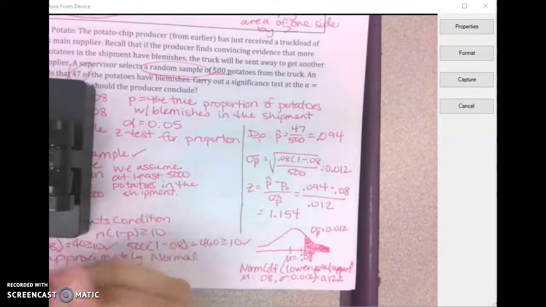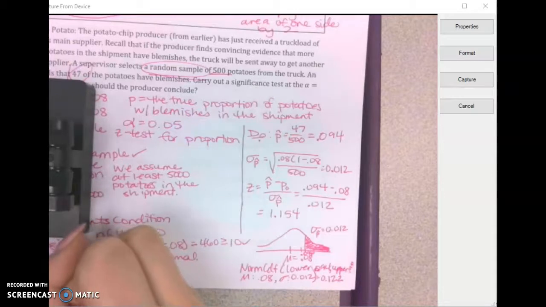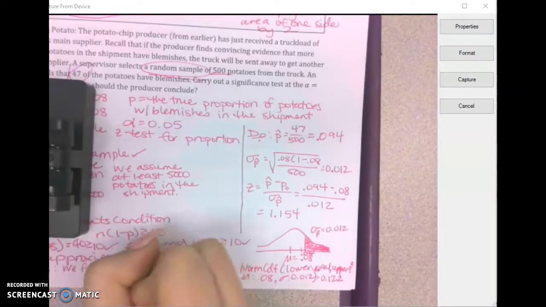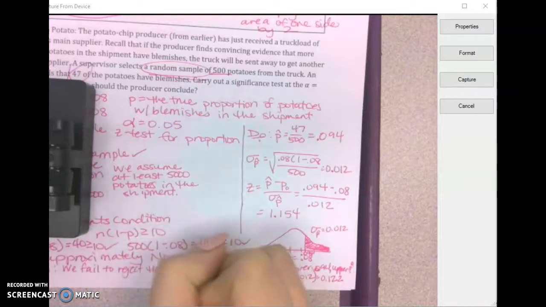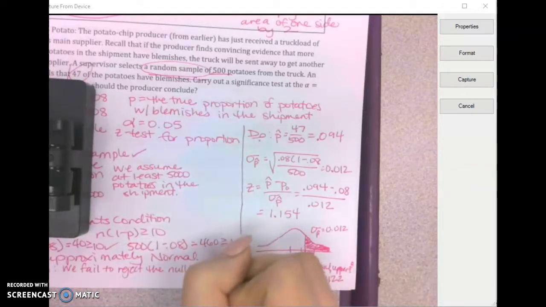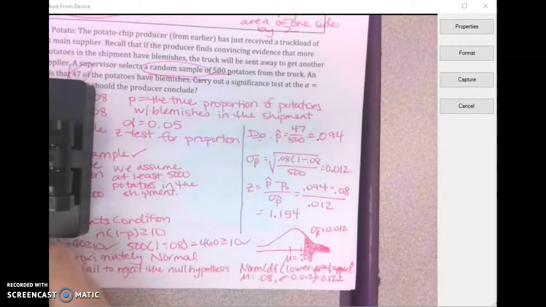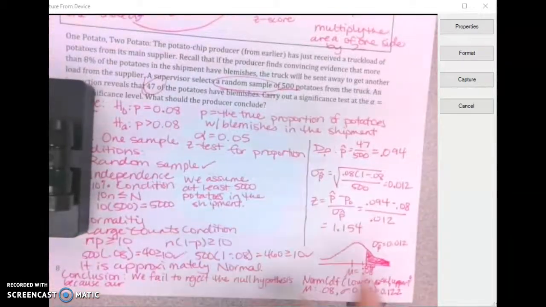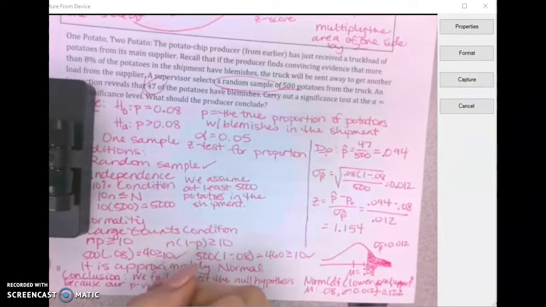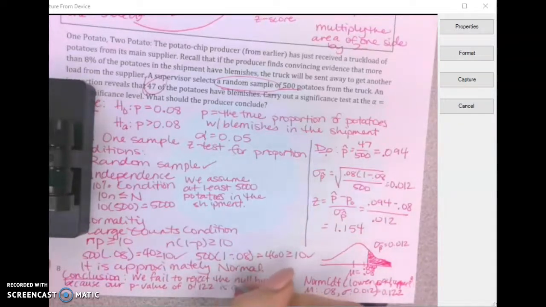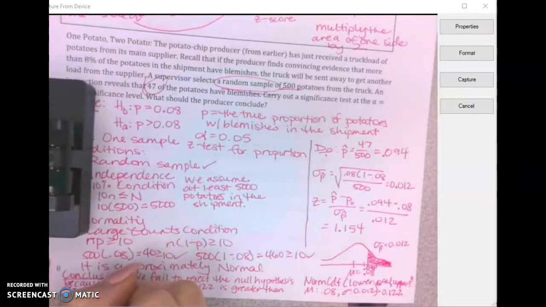Alright, so now we have to conclude. Our conclusion is that we fail to reject the null hypothesis because our p-value of 0.122 is greater than our alpha equal to 0.05.